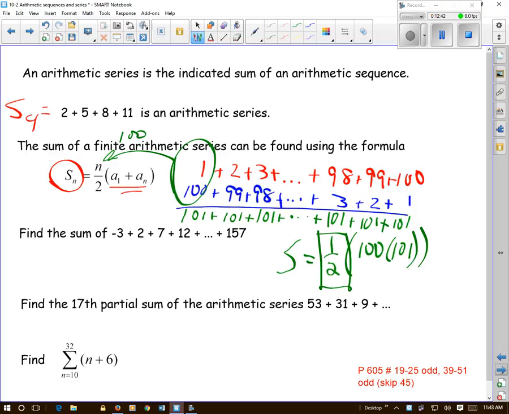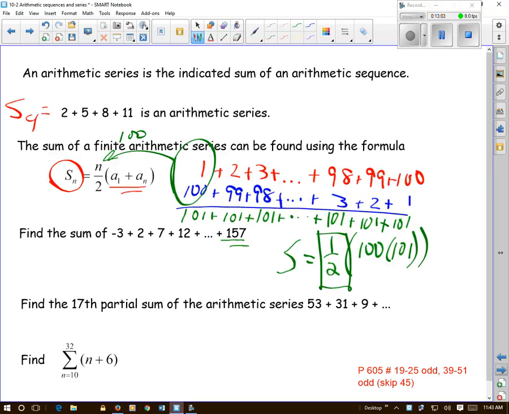It's the last one, but my formula requires that I know n. The common difference is 5. So if d is 5, how can we find which term number that is?